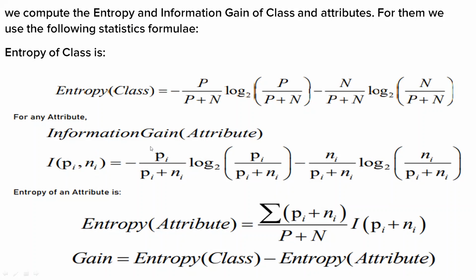Similarly, information gain can be calculated with a similar formula, using the positive and negative logarithmics, with the difference over all the values in an attribute. You can understand these two formulas and their usage with the help of an example.